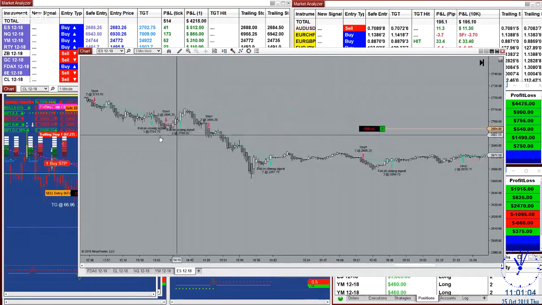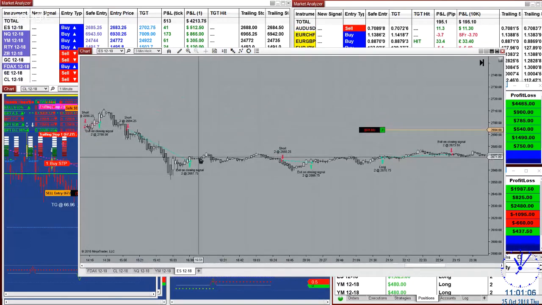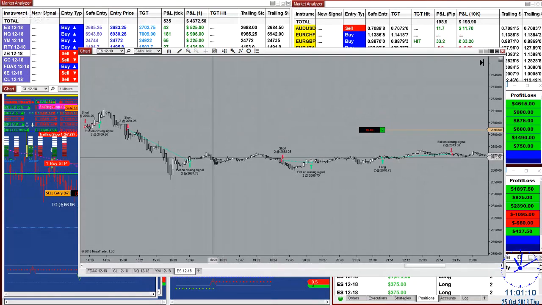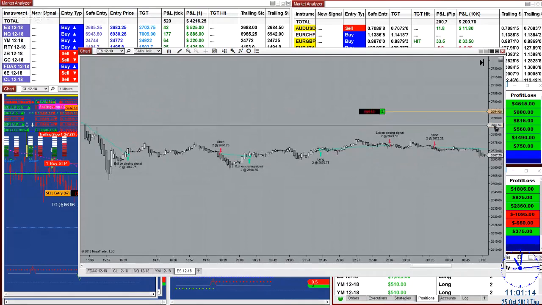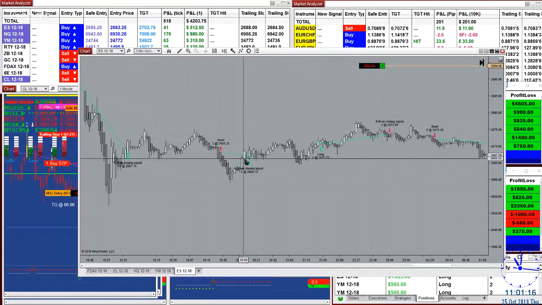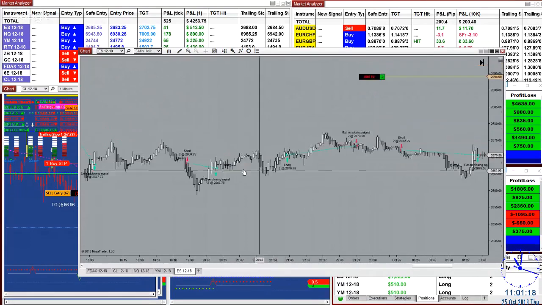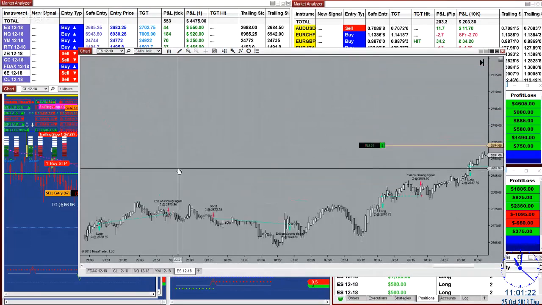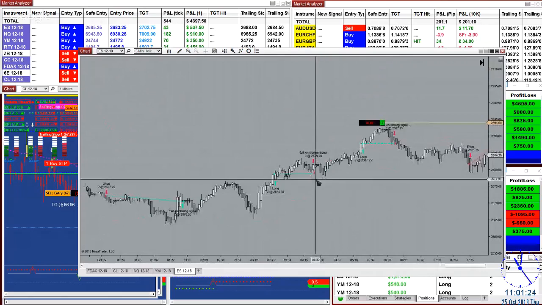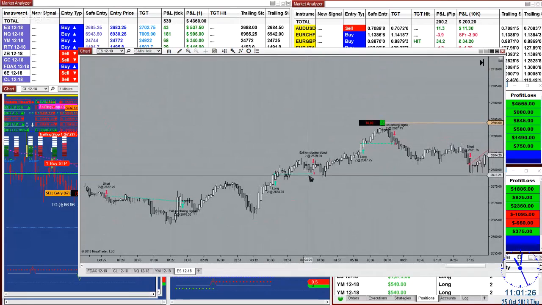And what I like, even without the filter, look how we survive those areas here. And then one small trade. Non-stop.